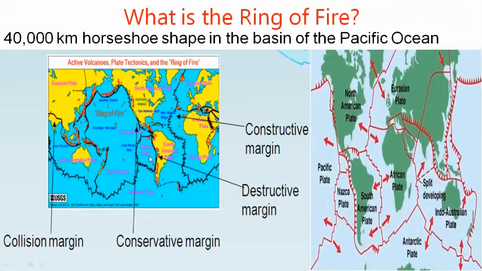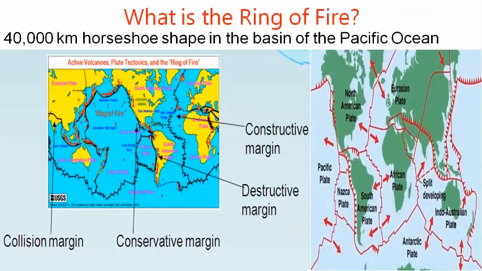That means the Nazca plate is moving towards the South American plate, so the Nazca plate is getting subducted beneath the South American plate. Again, see this Cocos plate over here. This Cocos plate is being subducted beneath the Caribbean plate. So this is the place where various plates are either moving apart or coming towards each other. So there's always a steady state of collision in this region.